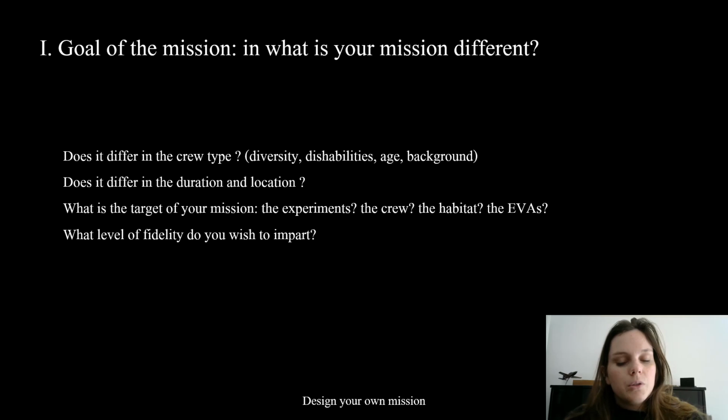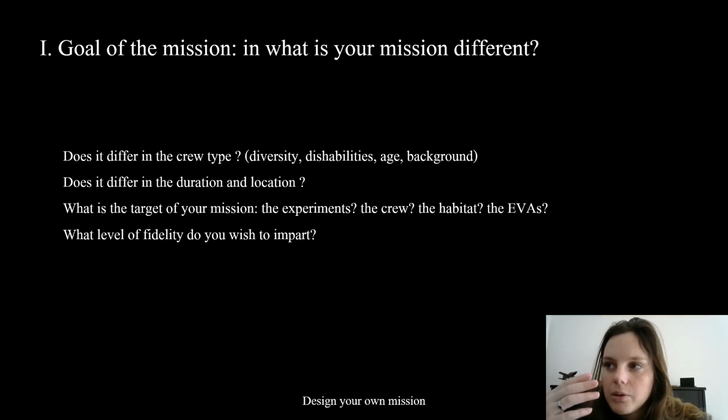Why? Because we want to test on that kind of person. We haven't had statistical data on that group of people. Or you could say, I want my mission to be fully focused on how the crew interacts with life support systems. I want my analog space mission to be in a location that's never been done before, inside a volcano. Okay, that kind of thing.